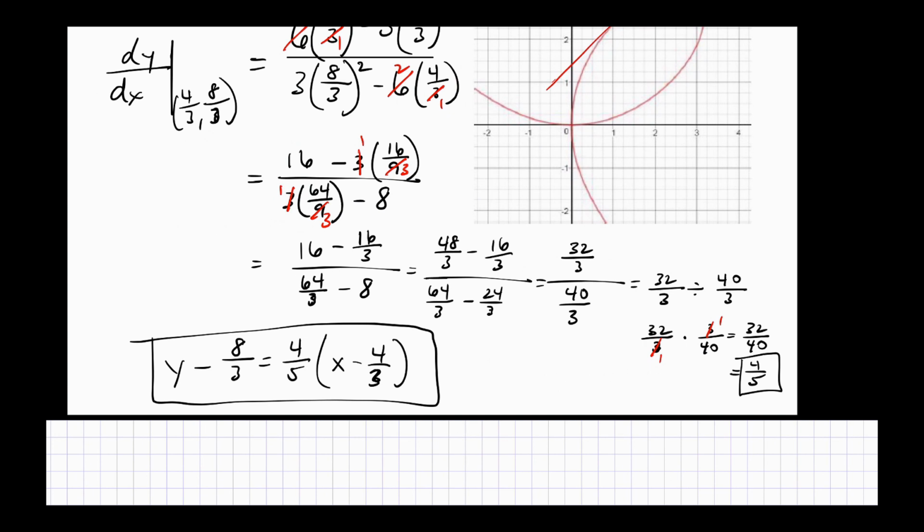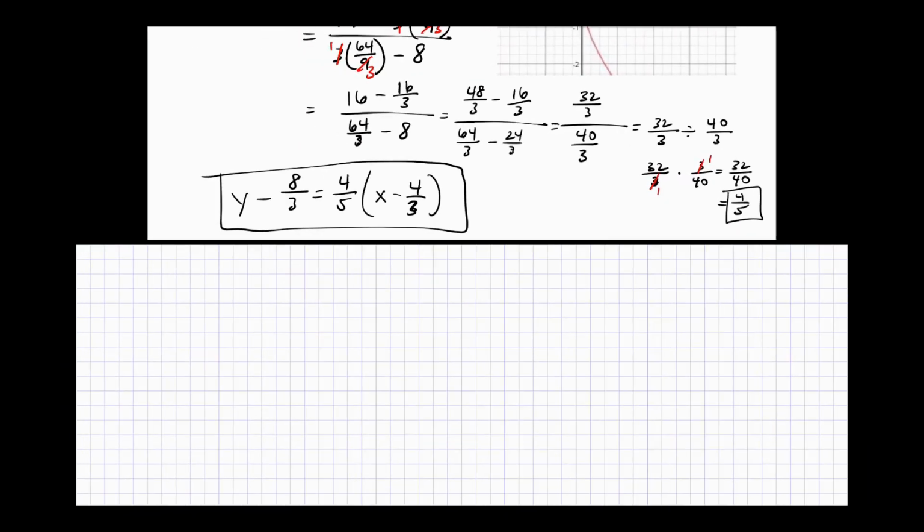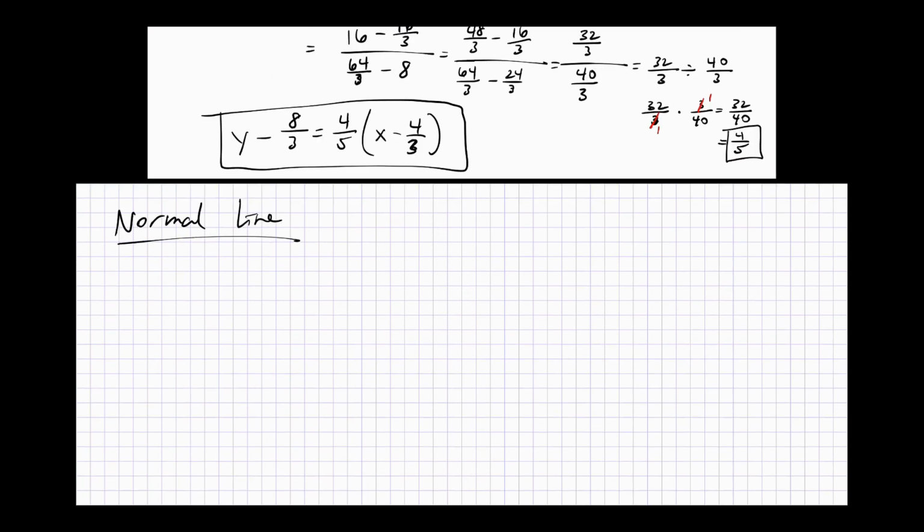Now I got to find the normal line. So what do I do to find the equation of the normal line? Is it a lot of work? You guys did it earlier.